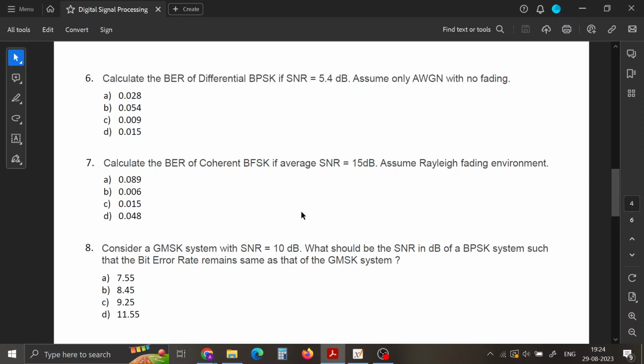This time in question number 7 you have coherent BFSK. The form for the bit error rate was also summarized in that table. SNR is 15 dB, and this is assuming a Rayleigh fading environment. This is not just AWGN, Rayleigh fading is there.